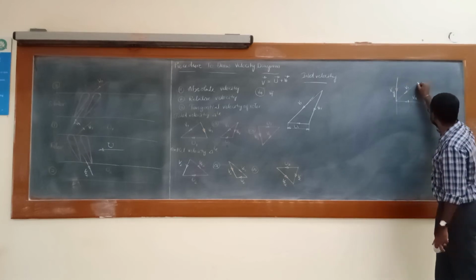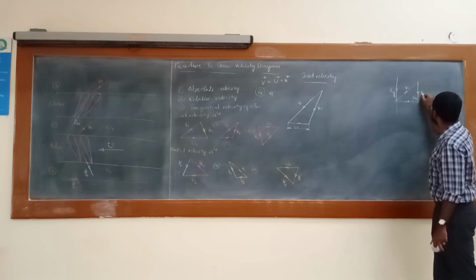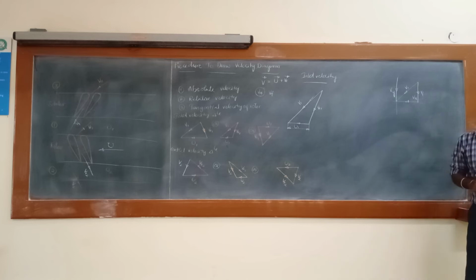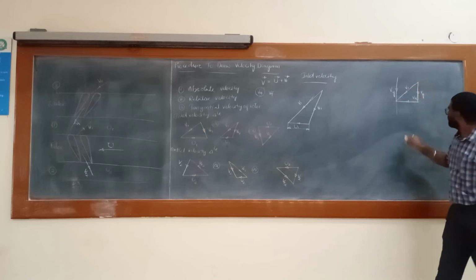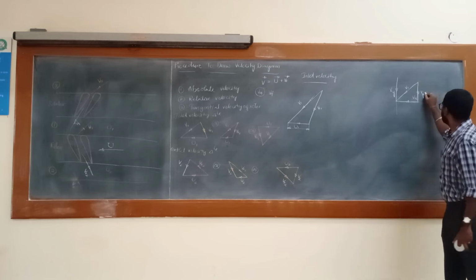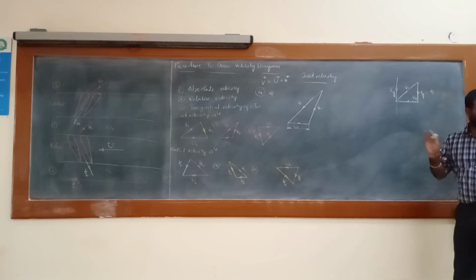Okay. This is Vy. Okay. This completes the velocity triangle. Is it right? That means here Vy is the flow velocity, represented as Vf in general.